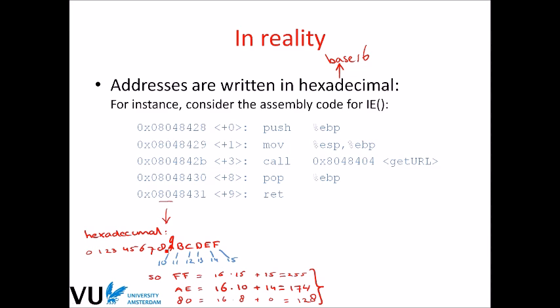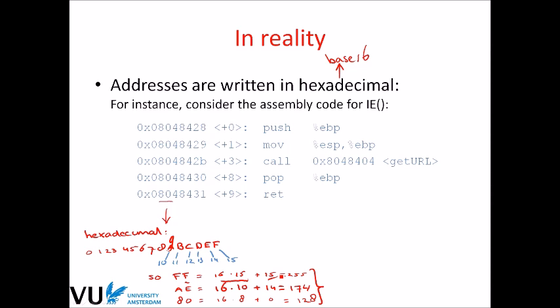So FF would be, counting in base 16, the first character, which is F, which is a 15, times 16, plus the second character, which is F, times 16 to the power 0, which is just 15.